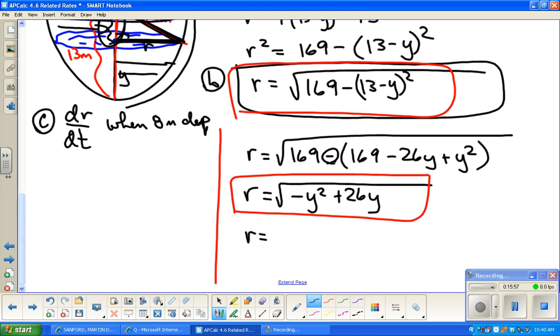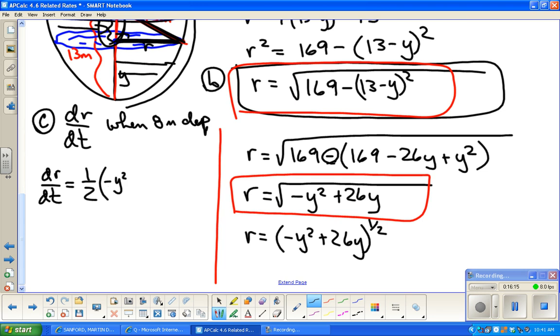In fact, I might write it so now dr dt is going to equal 1/2 times this whole thing to the negative 1/2. What's that? Cool. Thank you. dy dt.